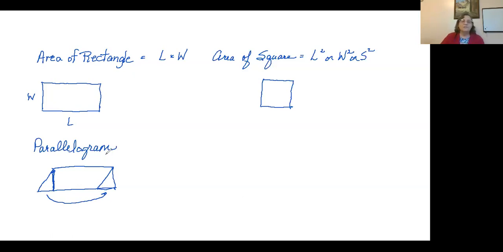So the area of this parallelogram, well, we can't say it's this side times this side. And let me change the color a little bit so that we can see what's being added. So I took this corner and moved it over to here. It's this distance times this distance.